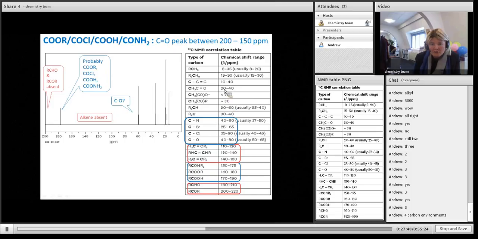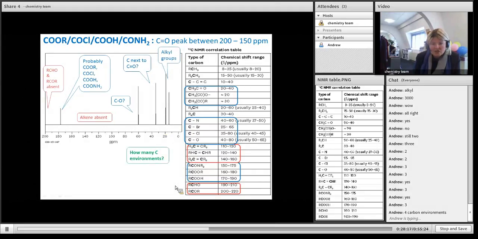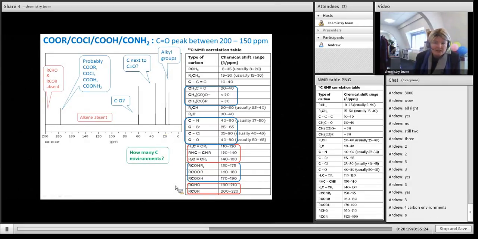Carbons next to a carbonyl are not quite at 60, whereas a carbon next to an oxygen is in the right area. Carbons next to oxygens can be anything from 40 to 80, but in that area. So we've got a carbon next to an oxygen. That is most probably this one, because it's within more or less that range. And then, of course, the last are the alkyl groups. And how many carbon environments have we got?